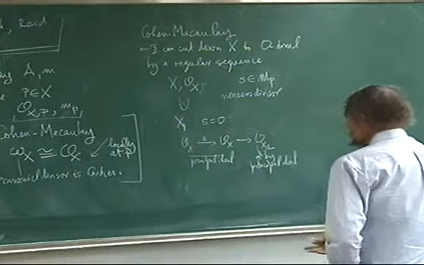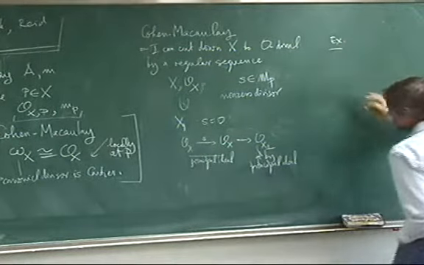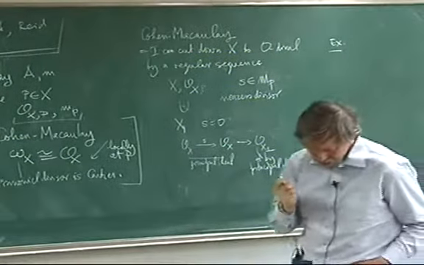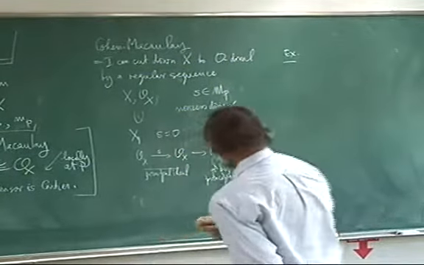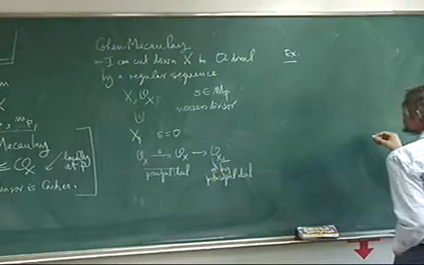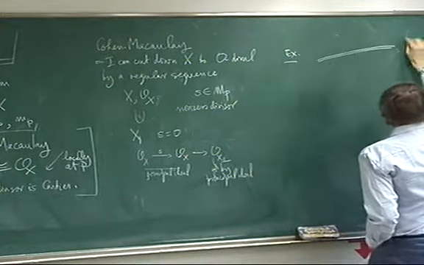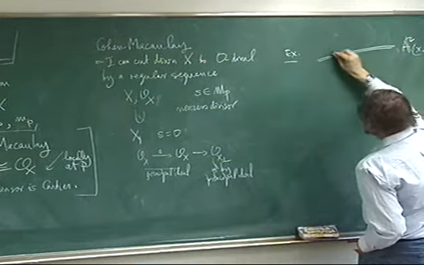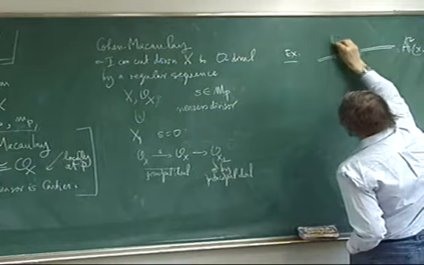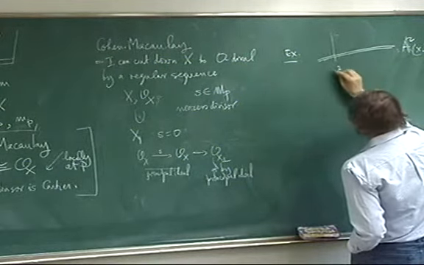Okay, wrong. So, example. If you've ever done a course on commutative algebra that includes anything about primary decomposition, then you will have seen this example, because it's a classic example. I take the affine plane A2 with coordinates x, y, and inside it I take this little thing, defined by the ideal (x squared, xy).